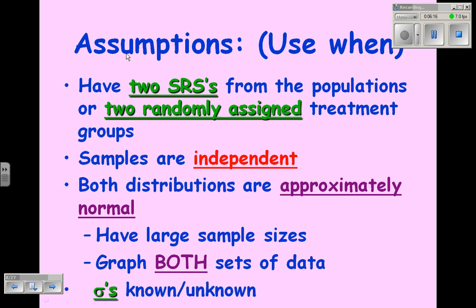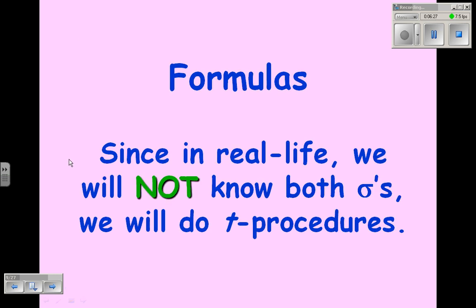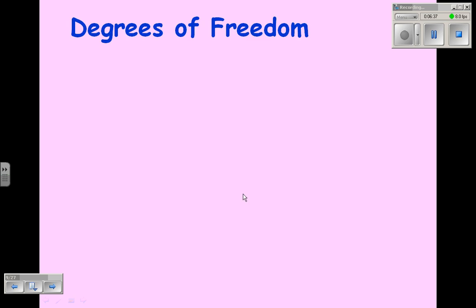And then finally, sigmas can either be known or unknown. If the sigmas are known, we're going to do a z-test. If the sigmas are unknown, we're going to do a t-test. Here are the formulas. Now, in real life, as we've talked about in class, we will hardly ever know both sigmas. So almost always this will be a t procedure test.